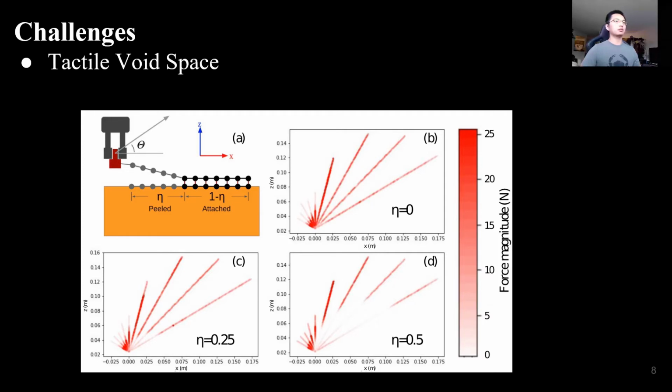Each straight line shows one peeling trajectory and the force magnitude along this trajectory. The lighter the color is, the smaller the force is. In figures B, C, and D, we vary the percentage of the Velcro that has already been peeled. We can see that after more Velcro gets peeled, the space with no meaningful tactile feedback gets larger and larger.